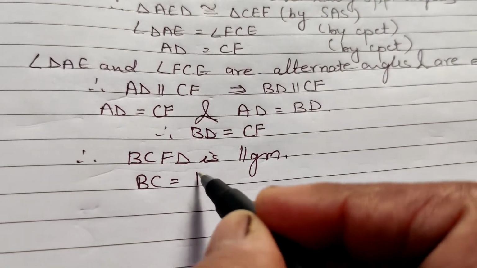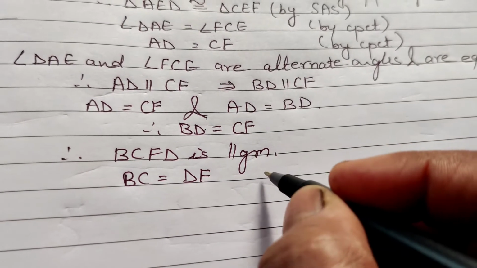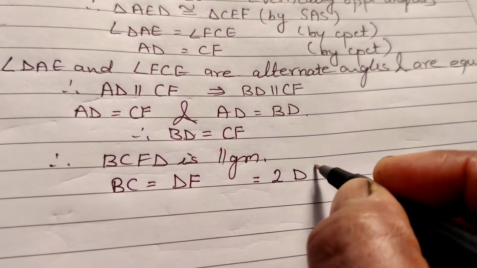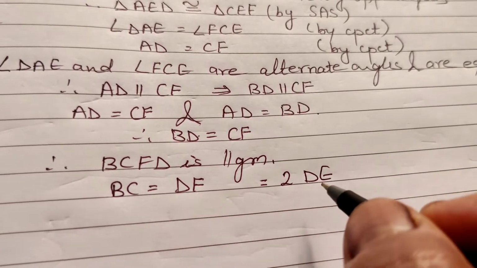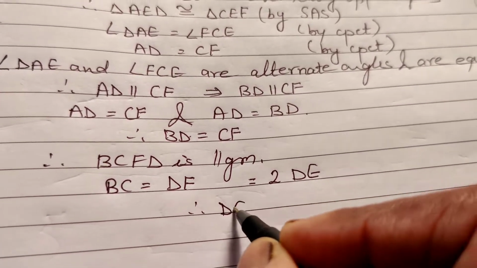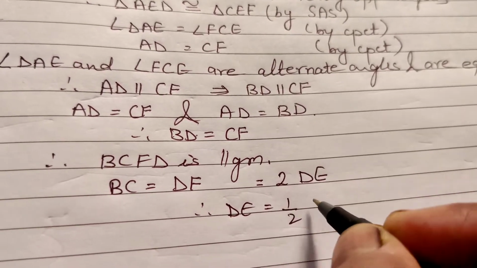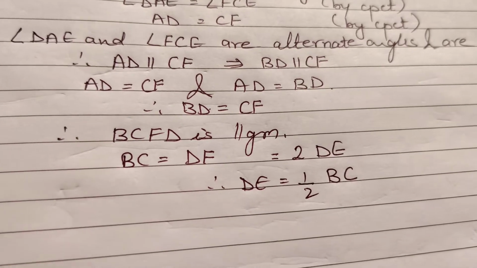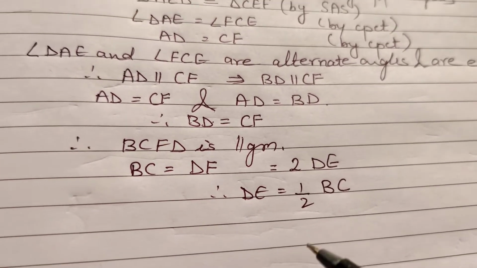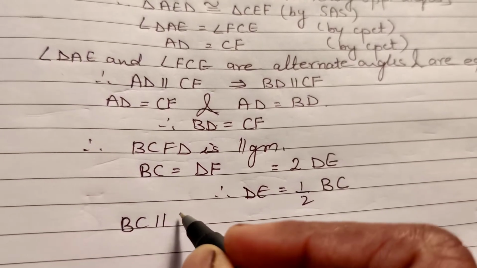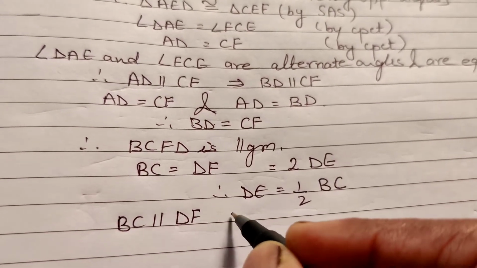BC equal to DF. We can write DF equal to 2 times DE. So BC equal to 2 times DE, or DE equal to half of BC. This is the first part of the theorem. Second part, BC parallel to DF. Why parallel?